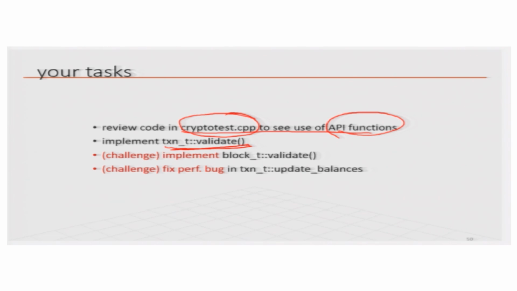So, the version 3 validate of transaction, and then you have to implement the block validation, that is how to implement the validation of all the transactions by calling this function. Also, there is a performance bug in the code that is given in the update balances function, so that if you can find it, then you will have some good exercise in performance debugging.